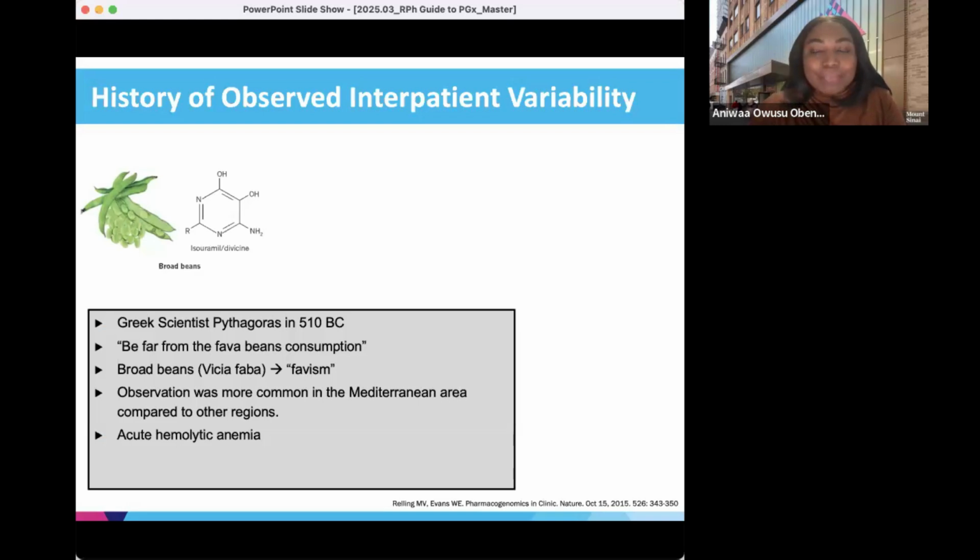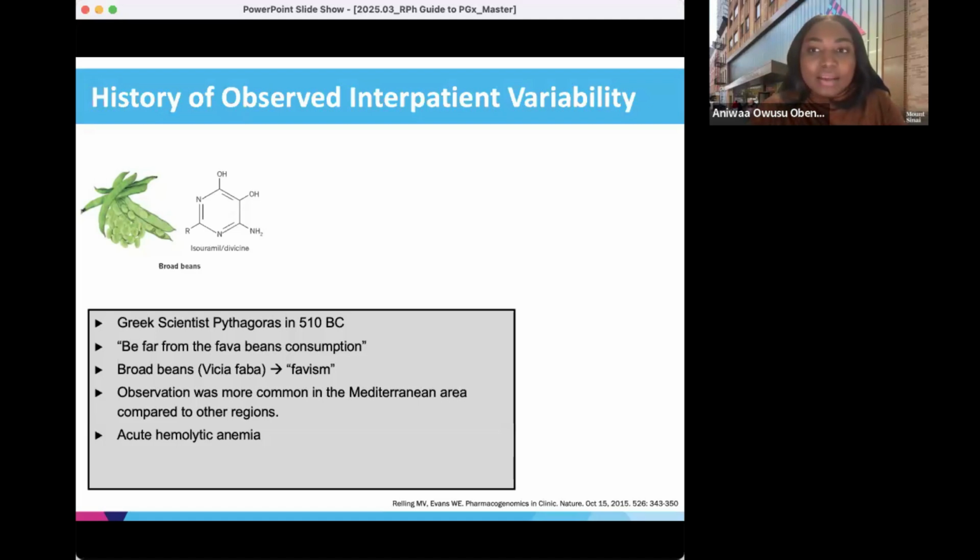So his recommendation back then was everyone should stay away from fava bean consumption, because at that point there was not a clear distinction as to why some people were experiencing the hemolytic anemia whilst others weren't. And this was known as favism many years ago.